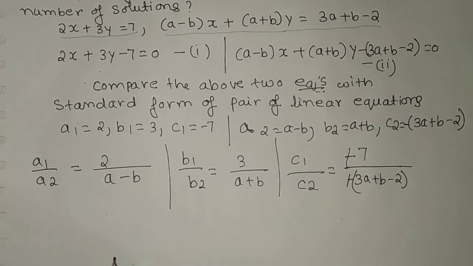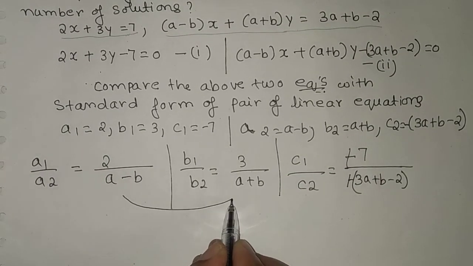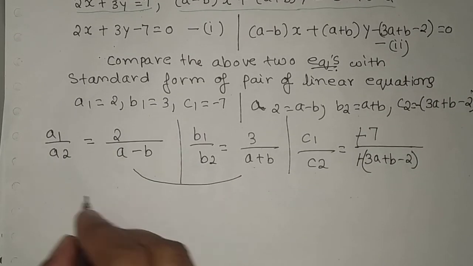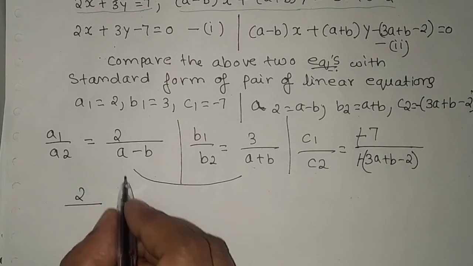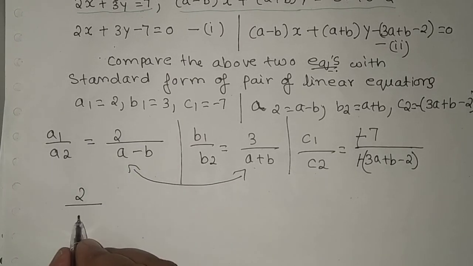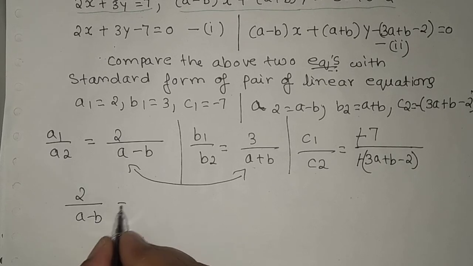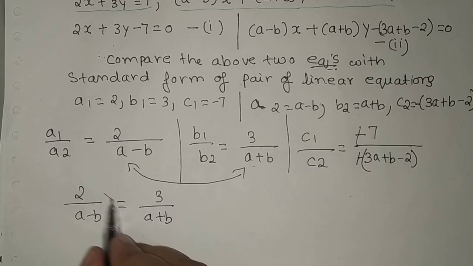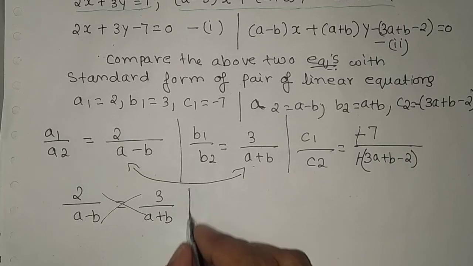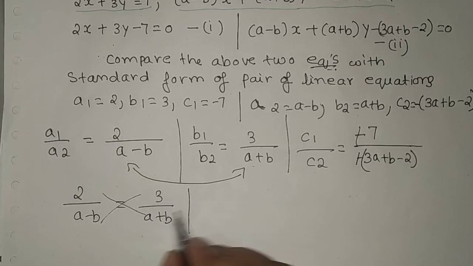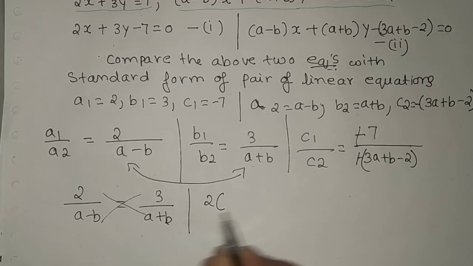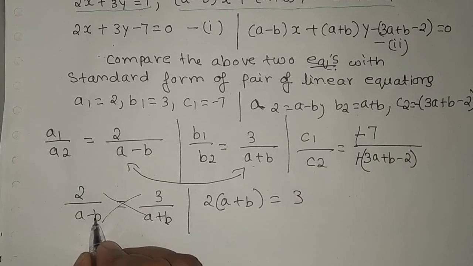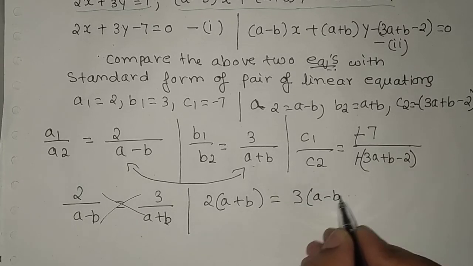Now take a1 by a2 and b1 by b2 and cross multiply. Therefore 2 by a minus b is equal to 3 by a plus b. Now cross multiply this, what we get is 2 into (a plus b) equal to 3 into (a minus b).